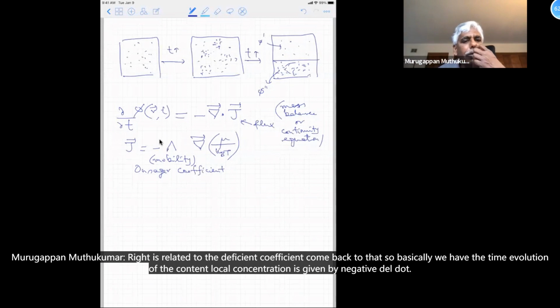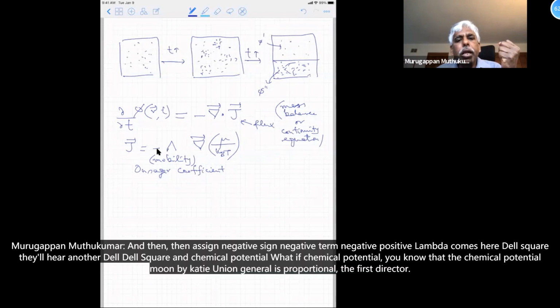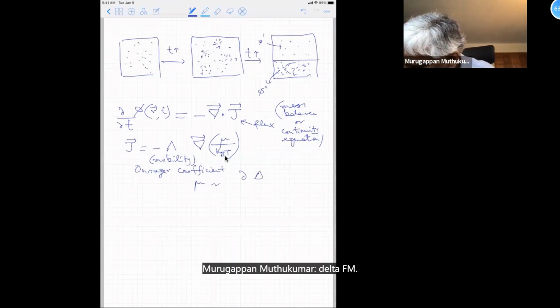So basically, we have the time evolution of the local concentration given by negative del dot, and then another sign, negative times negative is positive, lambda comes here, del squared, del here, another del squared, and chemical potential. What is chemical potential? You know that. The chemical potential, mu by kT, in general, is proportional to the first derivative, delta Fm by d phi.